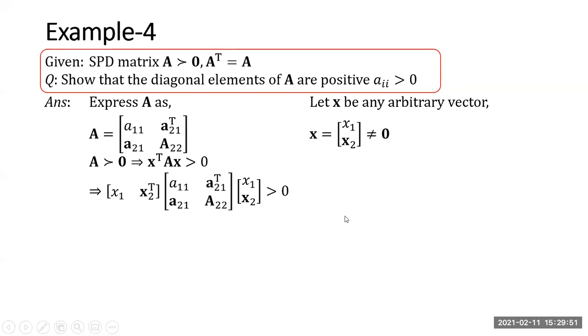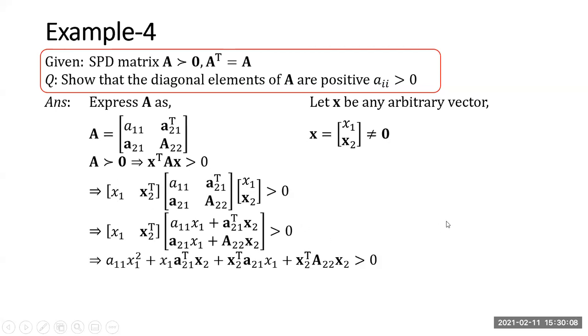Now let's proceed to do the multiplication. When I multiply this block matrix with this block vector, I get this, and then I multiply it with this row vector, and it simplifies to this. Any questions so far?